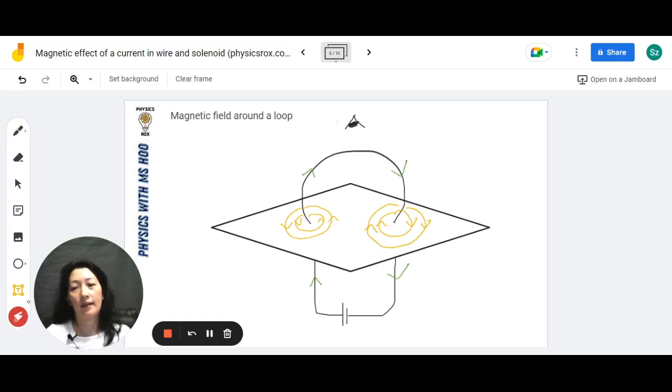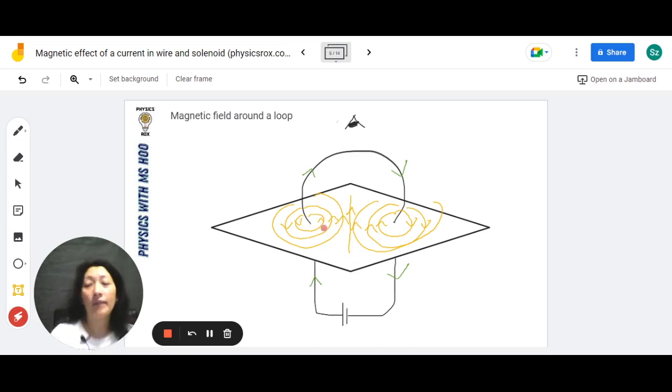Because the current is flowing in opposite directions, obviously the magnetic fields will also be in opposite directions. But what you'll find is as the magnetic fields meet in the middle, they're flowing in the same direction, which means that the magnetic field gets stronger in the middle.